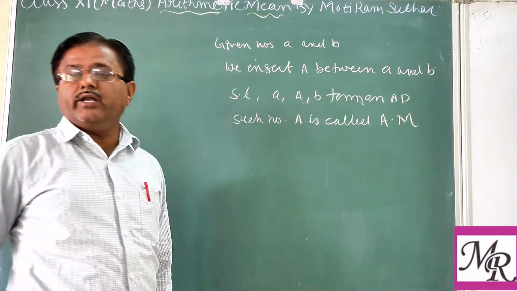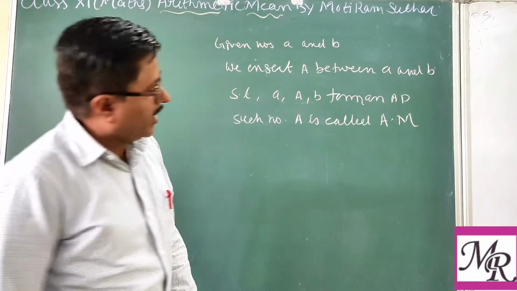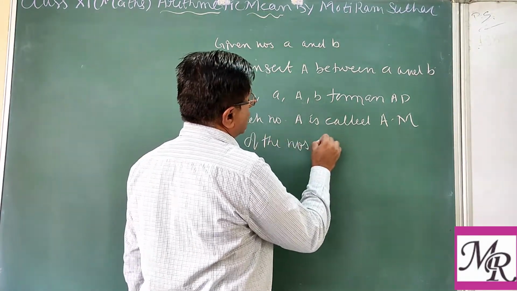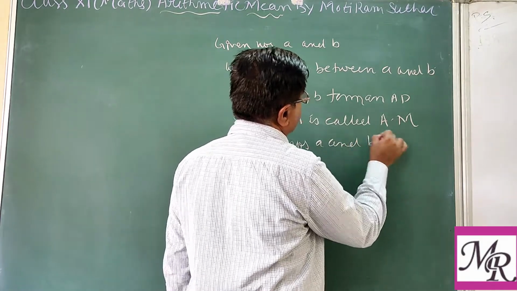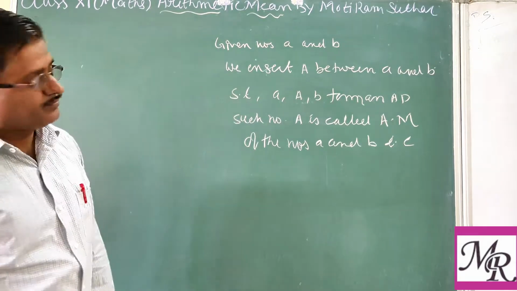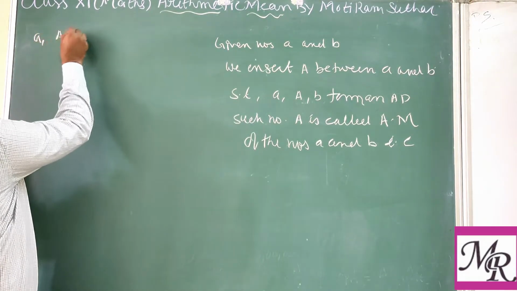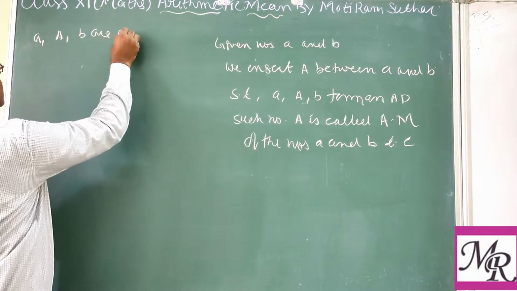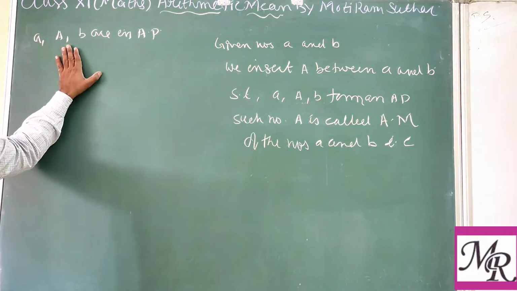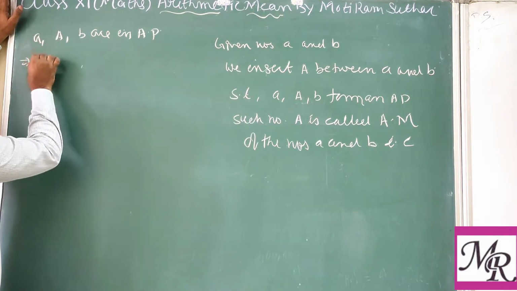In short form we write AM, the arithmetic mean of the numbers a and b. Clear? Now we know that a, A, b are in AP.